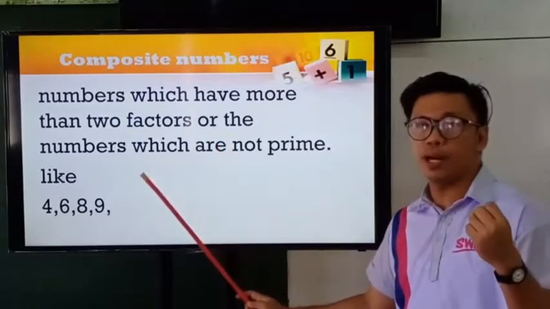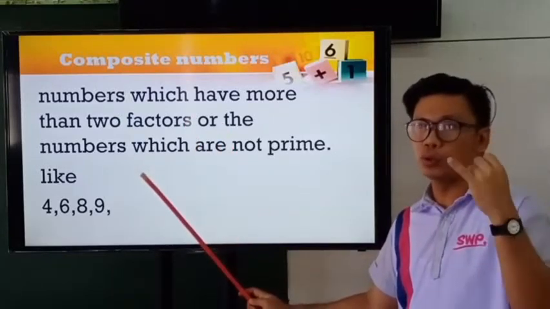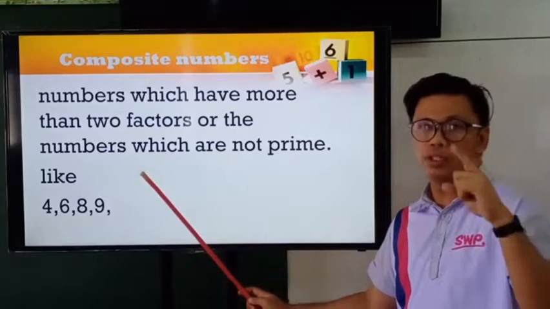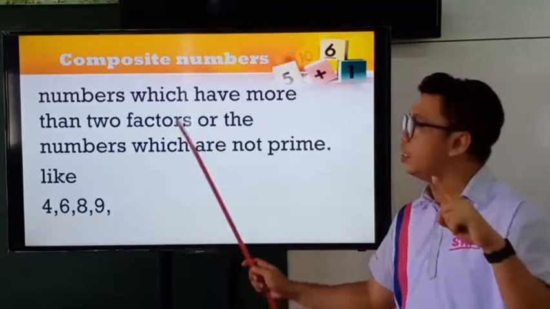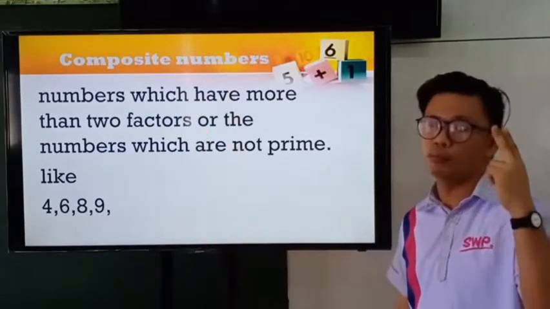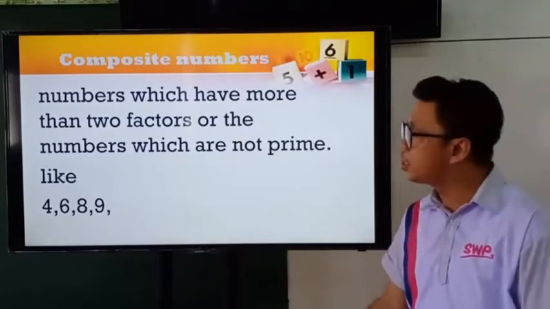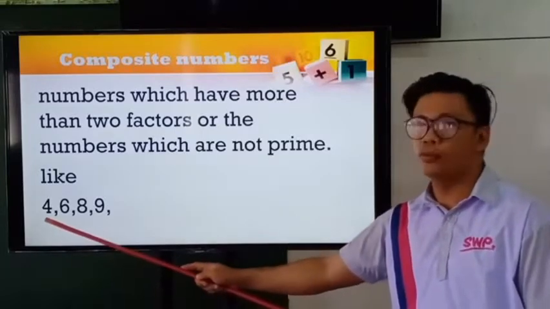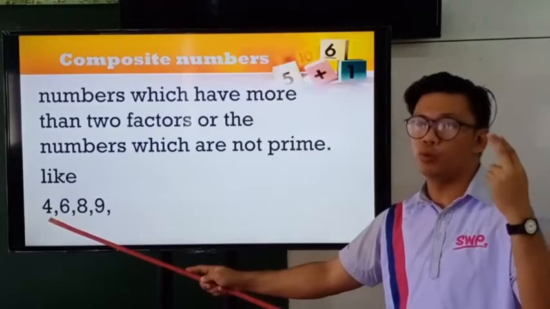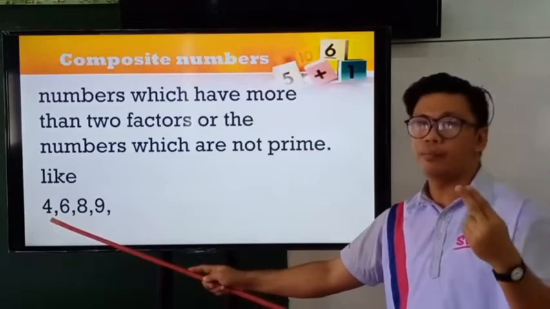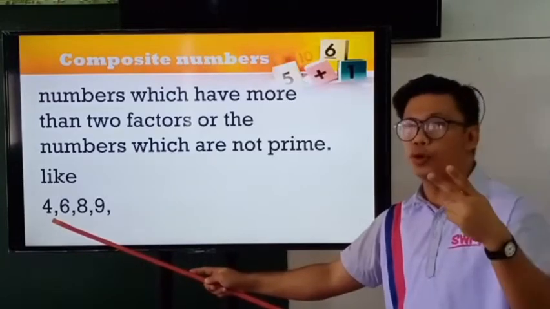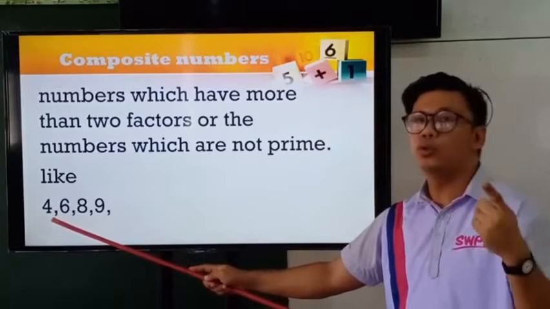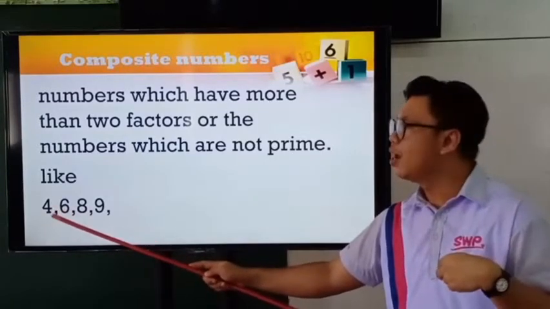In a prime number, for example 2, 1 times 2 is the only factor pair. In a composite number, we have more. For example, 4. Here we have 1 times 4 is 4, and 2 times 2 is 4.